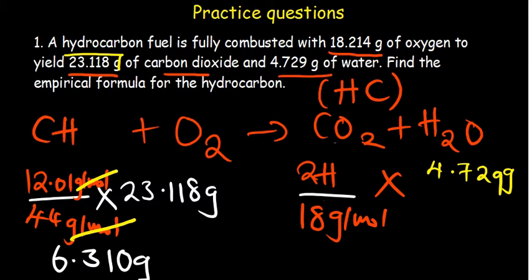And then where we have 2 times hydrogen, our hydrogen is 1.008. So 2 times 1.008 divided by 18, multiply against the 4.729.